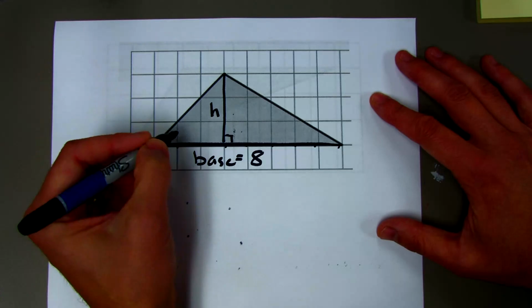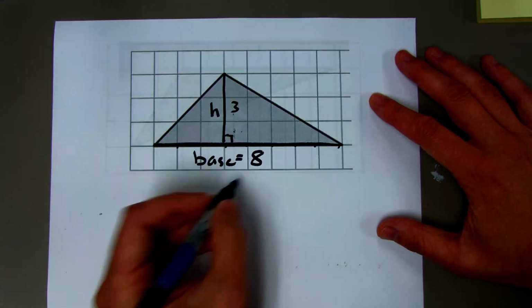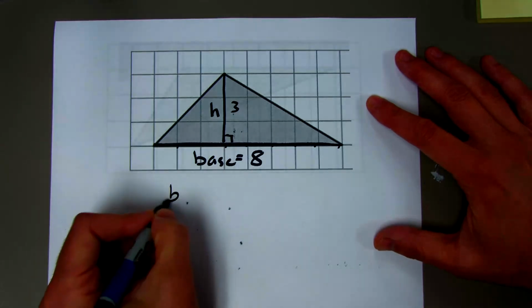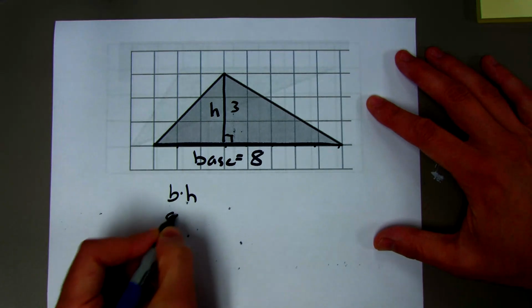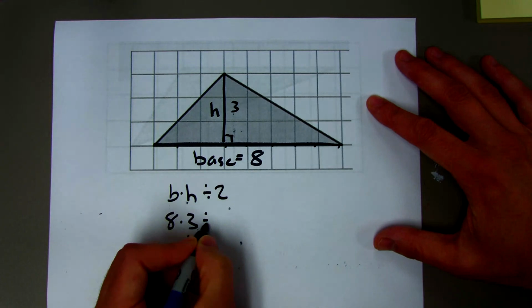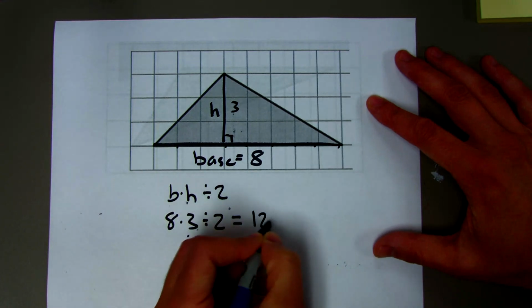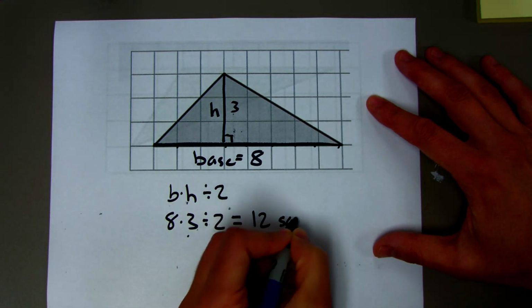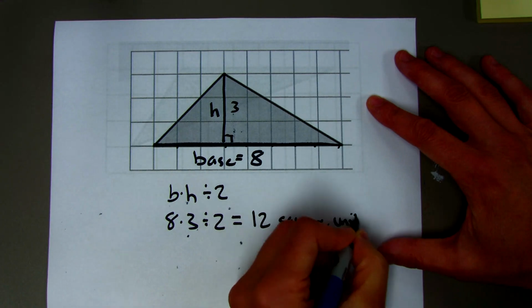So this would be the height, and that's 3. So again, base times height, 8 times 3, and then divided by 2. Again, this would be another 12 square units.